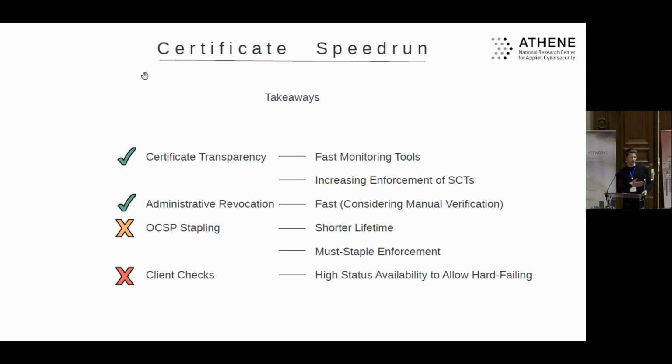But yeah, OCSP stapling is definitely a better option, which is why I'm also surprised that there's so little support on the client side for the must-staple extension, because this is basically a way that a domain owner can force the use of OCSP stapling.